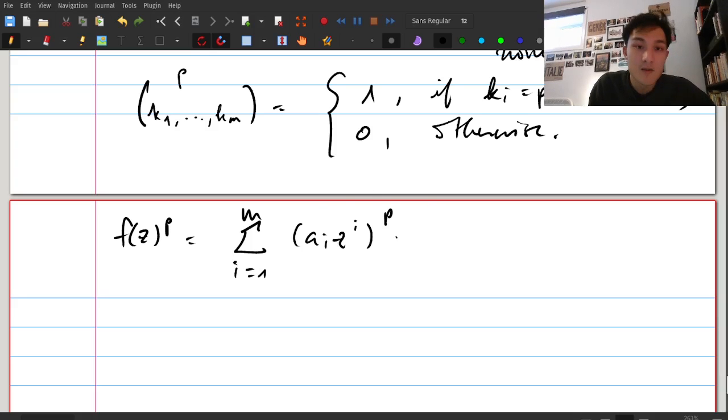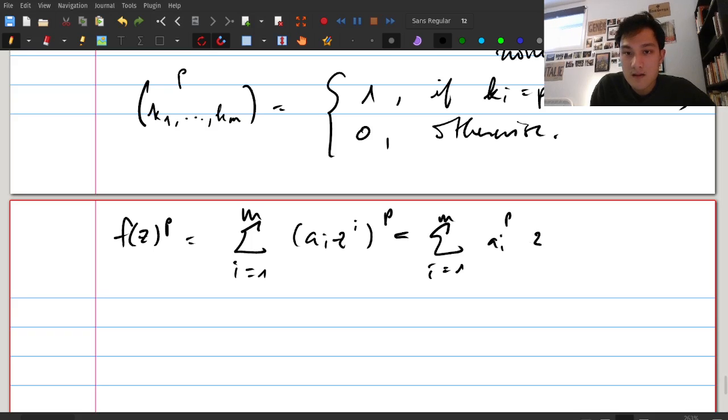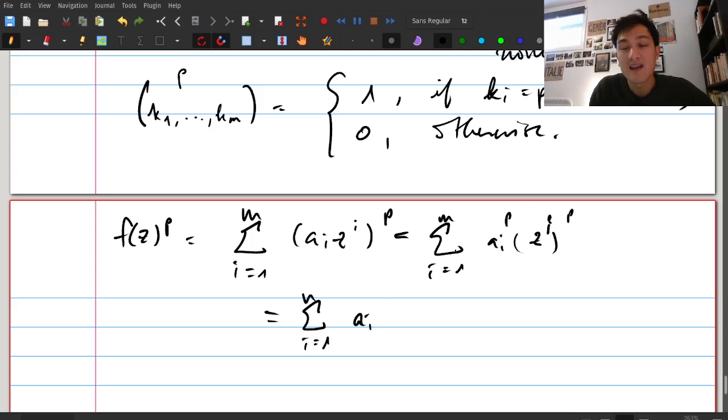Okay? Now we use Fermat's little theorem. So we have i equals 1 to m. This is ai to the p, zi to the p, right? Now, the i is inside the brackets. So this is equal to sum i equals 1 to m of ai because of Fermat's little theorem. Anything to the pth power is the same thing.